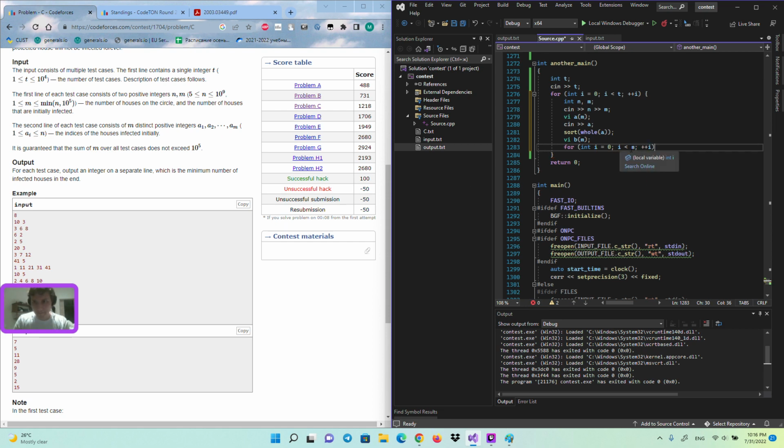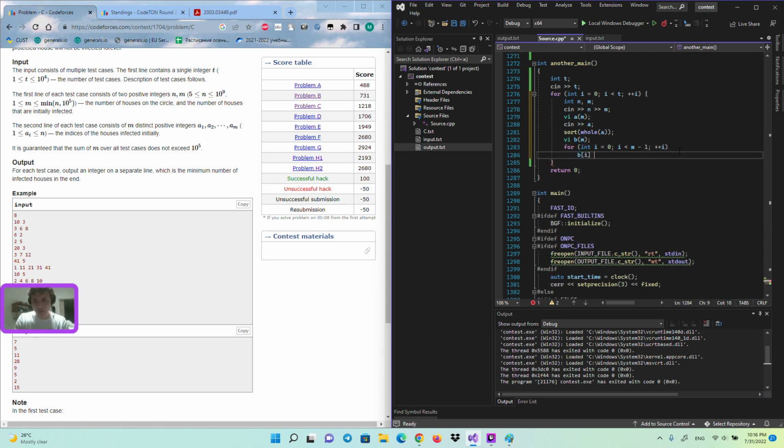Okay. What we do next is we put in B this number a i plus first minus ai and minus 1. It's the size of uninfected segment.